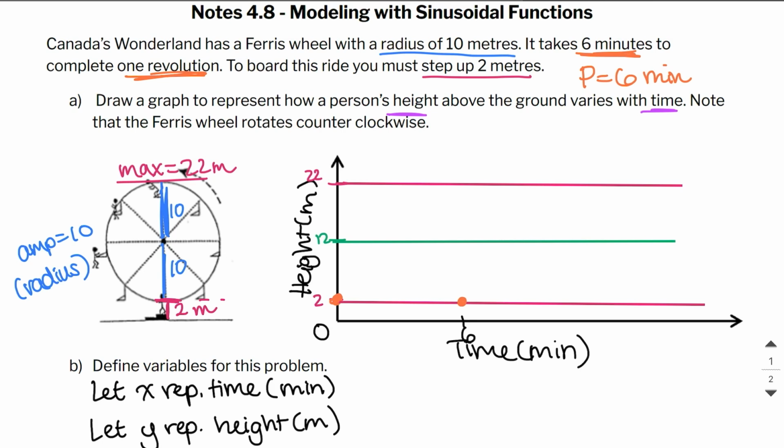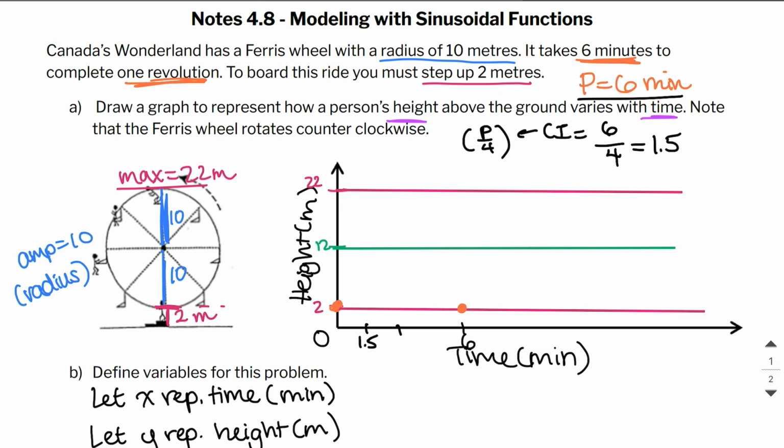So we need to calculate a critical interval based on the fact that our period is 6. Our critical interval is going to be our period, 6, divided by 4, which is 1.5. So if you look right here, we're going to have 1.5 minutes, 3 minutes, 4.5 minutes.